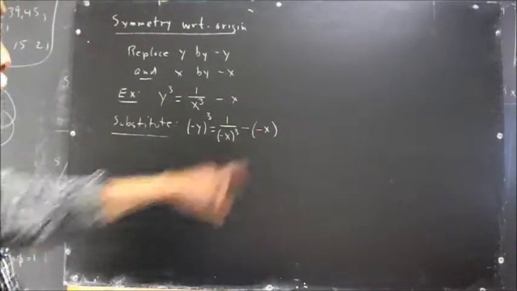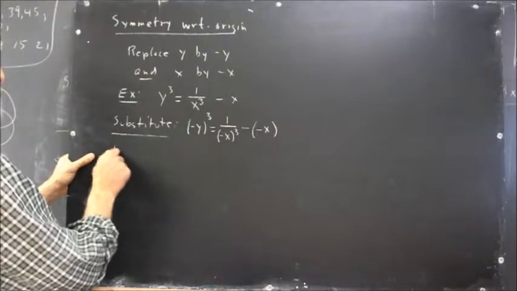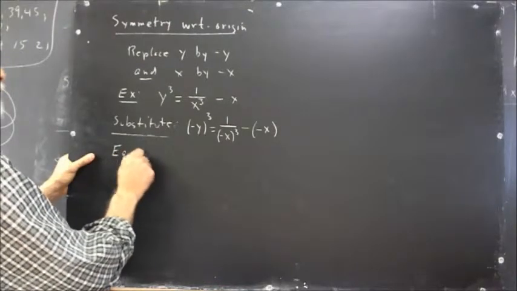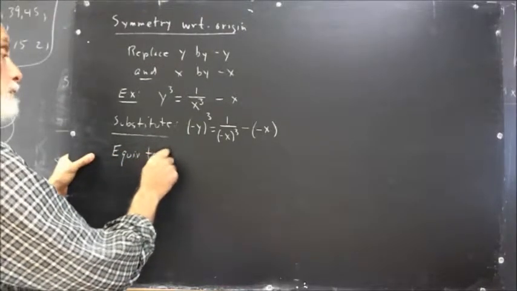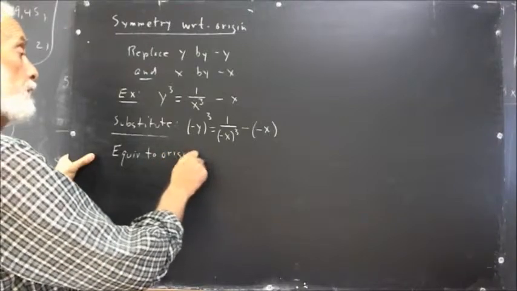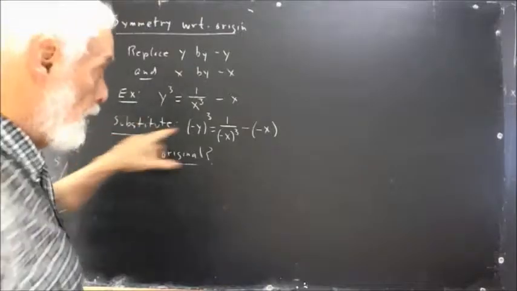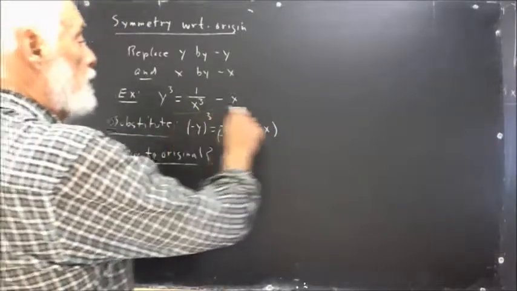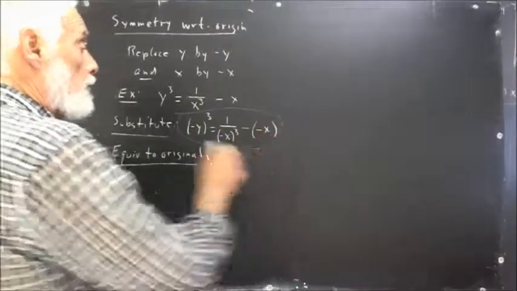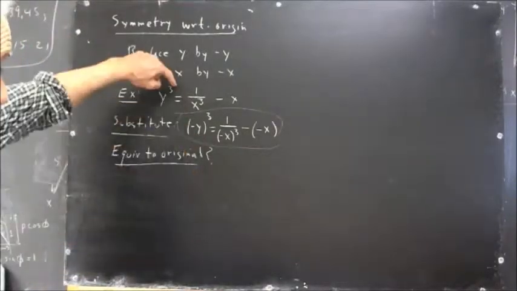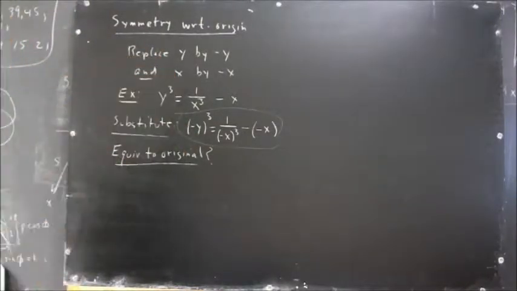Now, is this equivalent to the original? So you should pause and see if you can, by using valid steps, rearrange this equation so that it becomes the same as this one.